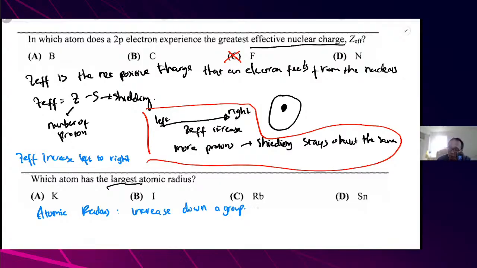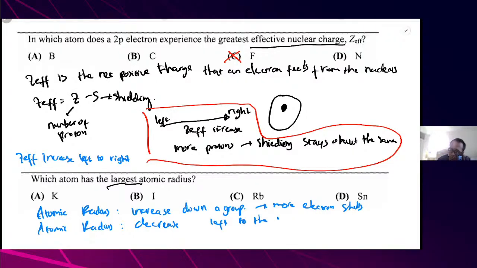Okay, because of what? Because more electron shells. And then atomic radius decreases from left to right.